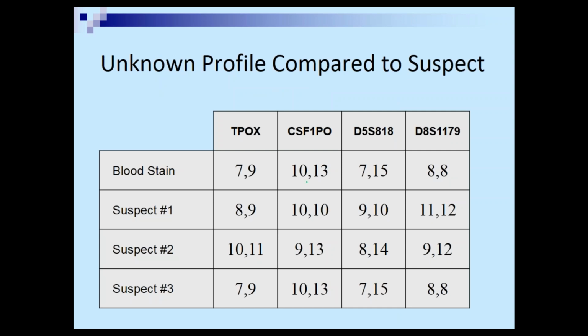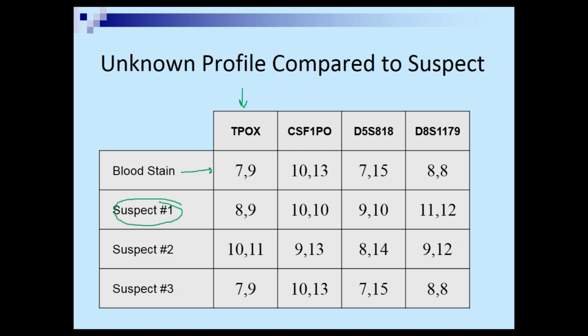All right, so you go through the extraction, amplification, separation process for your blood stain, and you get a report that has 13 pairs of numbers. We're just looking at 4 of them for this slide in this exercise. If you have 3 suspects and you take suspect number 1's DNA, okay, collect it with a swab of their cheek cells, extract it, amplify it, separate it, you get 13 pairs of numbers for suspect 1.